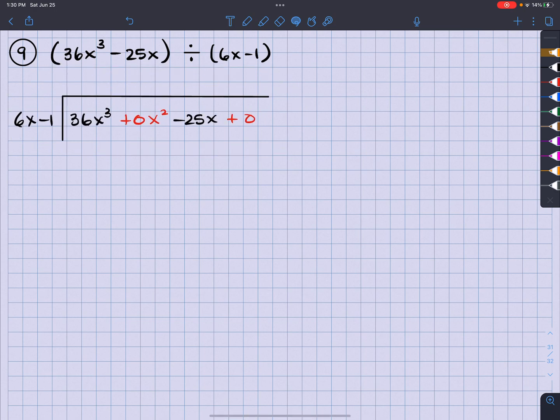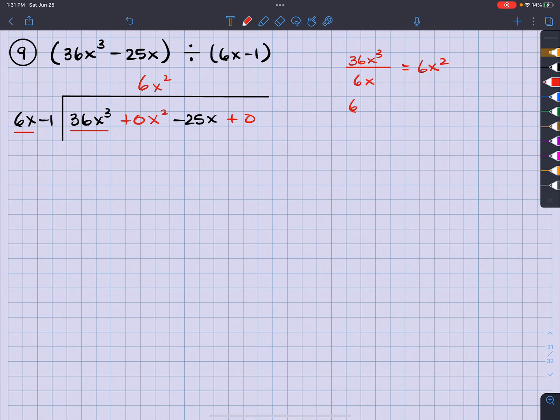There we go. All right, so first question I'm going to ask myself, how many times does 6x go into 36x to the third? So I'll take those two off to the side: 36x to the third divided by 6x. What do I get? I'm going to get a 6x squared. So I'm going to go back here and write down the 6x squared.